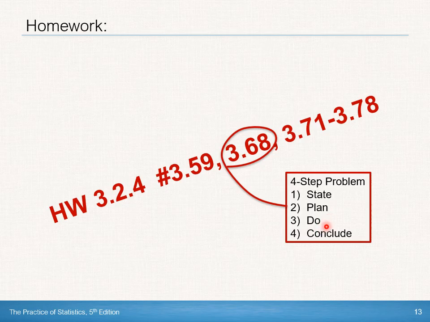Maybe it's a residual plot. Maybe in the plan you said you're going to look at the correlation, or maybe you're going to look at the coefficient of determination. Whatever it is that you're going to look at, you'll do that in 3, and then you'll answer the question in the conclusion. All right? So this homework is due next class.